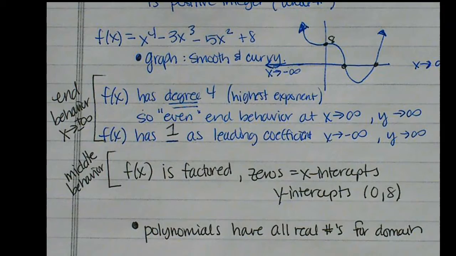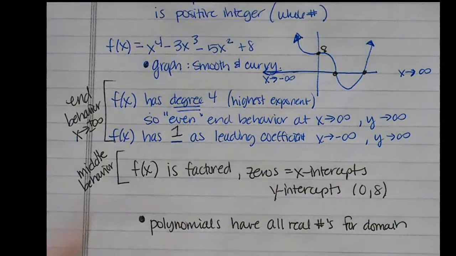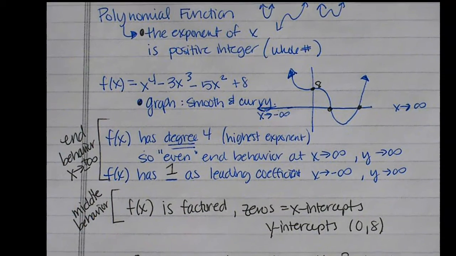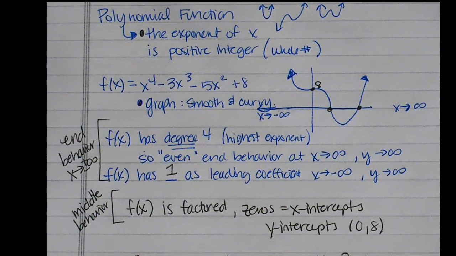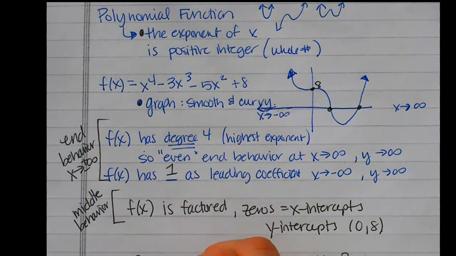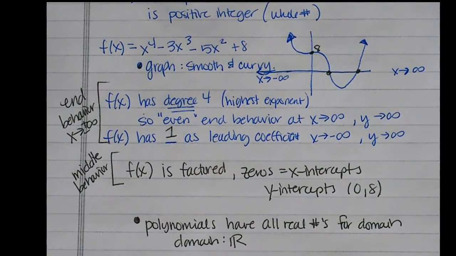That's because the definition is that we have positive integer exponents, so there's never an x in the bottom, and there's never a 1/2 for an exponent, so there are no square roots. Those are the only two things that would limit our domain, and we don't have any of those here. So for polynomials, the domain is all real numbers. Oops, you can't see that on the video. There you go, all real numbers.